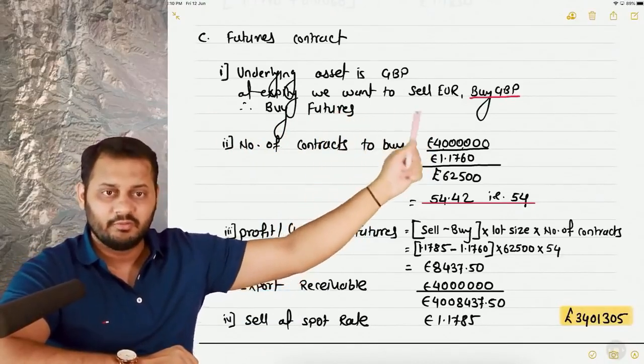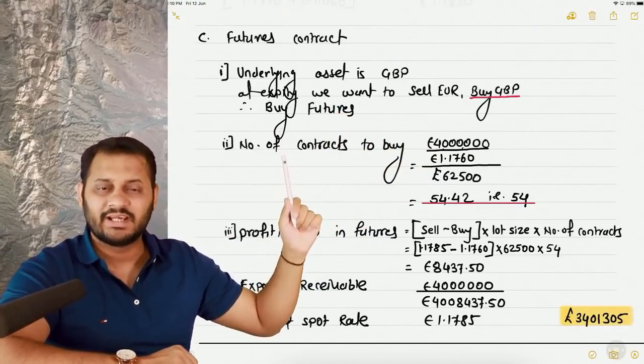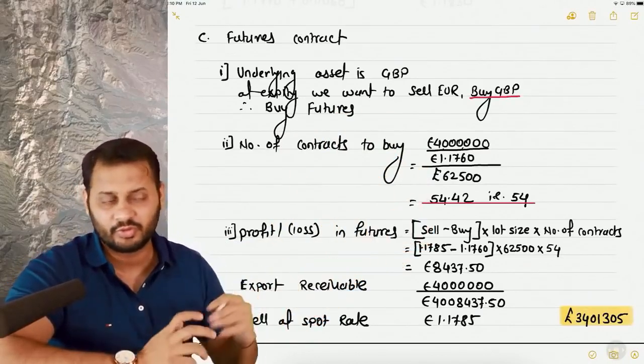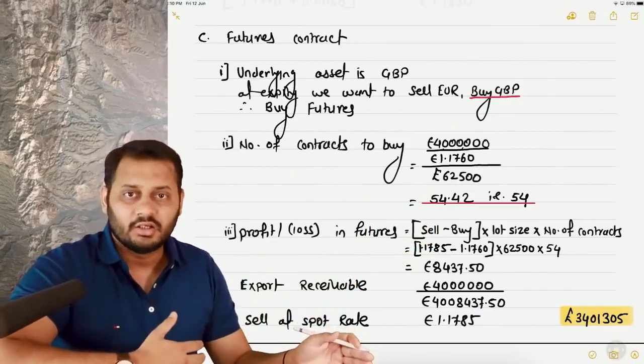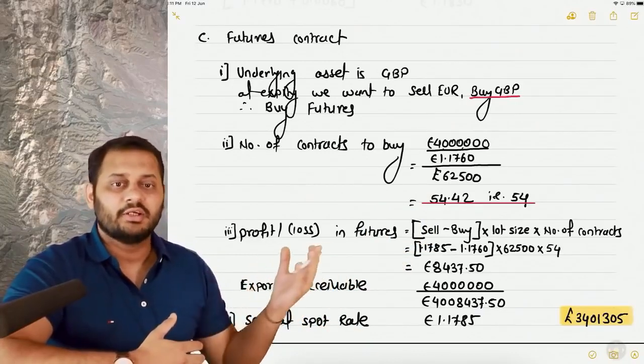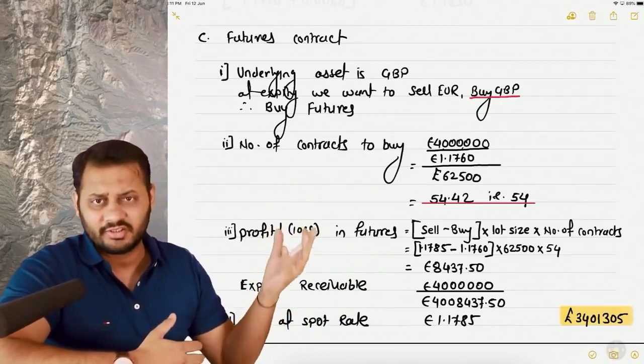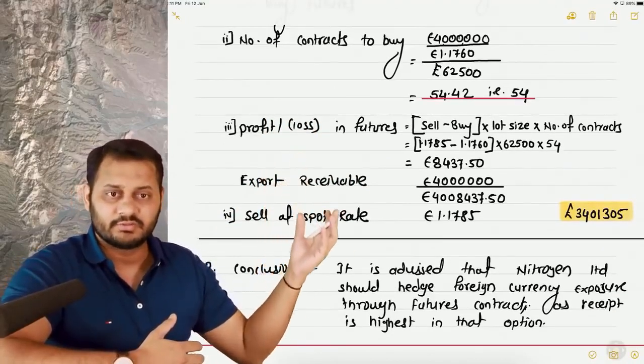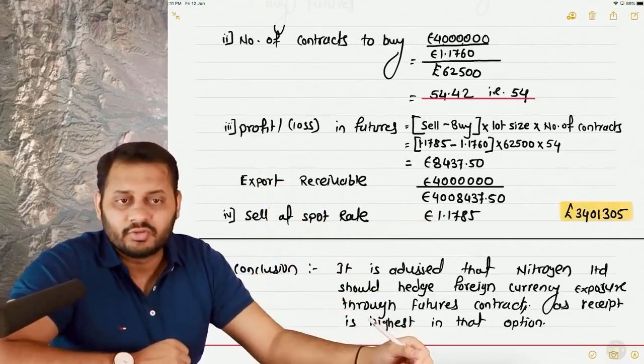So GBP we want to buy, hence buy futures. Then we calculated number of contracts. It came to 54.42. We rounded it off to 54 because contracts are not dealt in decimals. Then we calculated profit or loss in futures. Margin was not there in this question, that's why margin is not taken. Then we calculated profit and loss, exports receivable, and total comes to 3401,305.